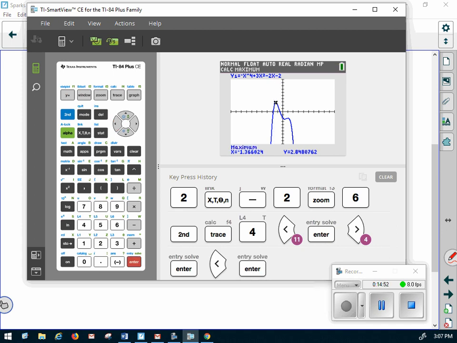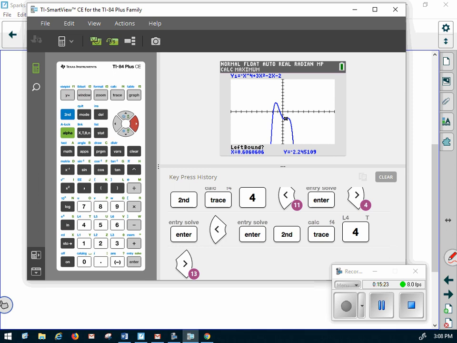Okay, I'm writing these down so that I can write them on the smartboard when we go back there. So one of your maximums, rounded to 3 decimal places, is negative 1.366, comma 2.848. Now I'm going to go after this maximum right here. Oh, that one's nice.